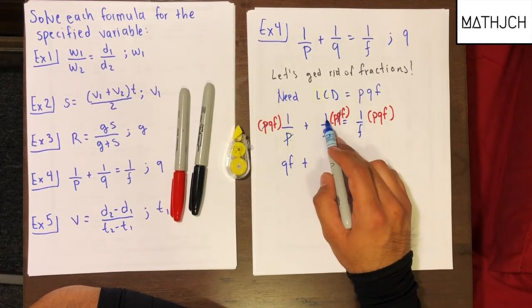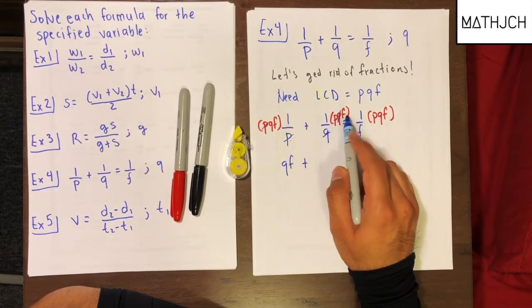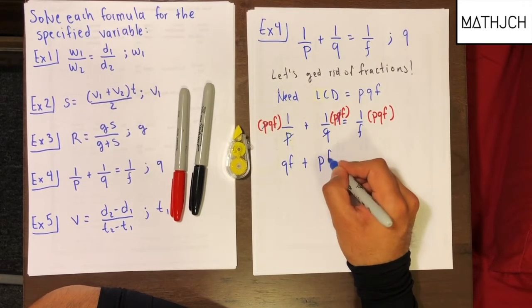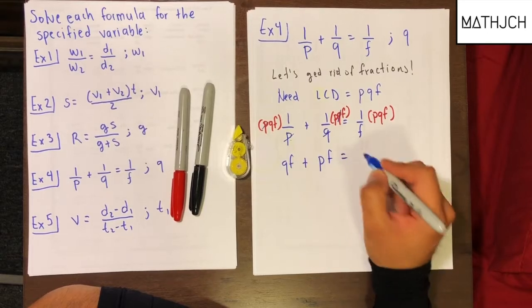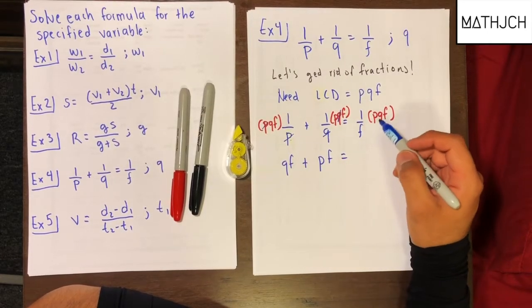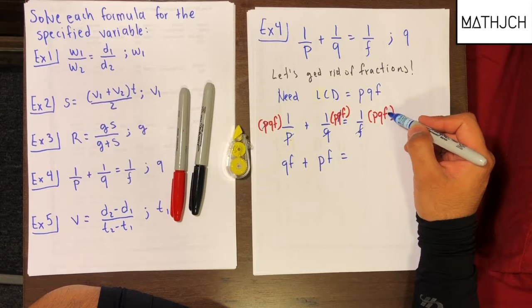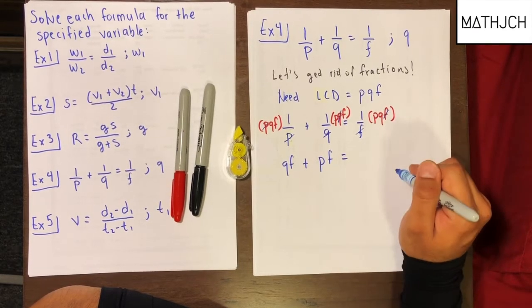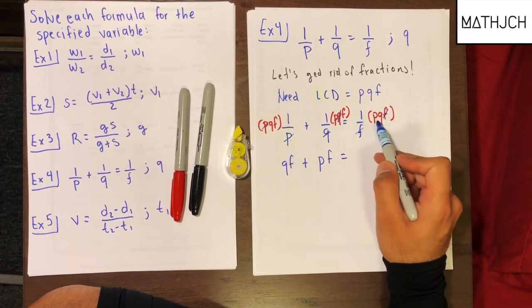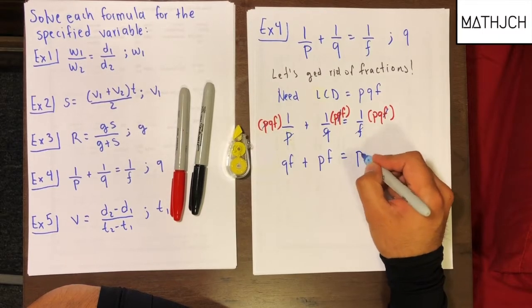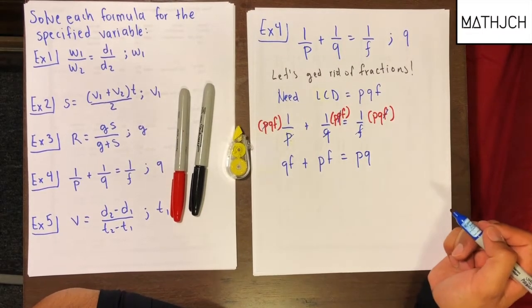So we are left with 1 multiplied by PF, which is PF, equals, and also in this case, this F will cancel with the F from the LCD. So we are left with 1 multiplied by PQ, which is PQ.